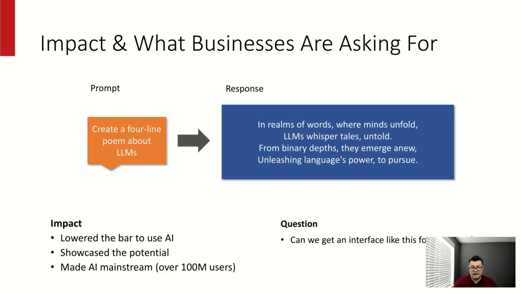And so, yeah, that has changed the game quite a bit. The other thing it has done is brought all this information to your fingertips. It's kind of like the whole world is a library and you're just one step away from getting to the information. And that's quite powerful. It has also made AI mainstream.